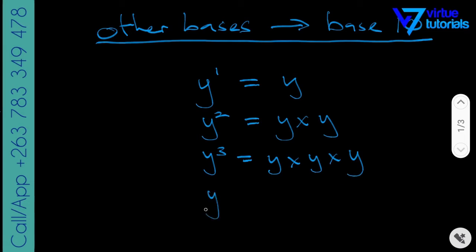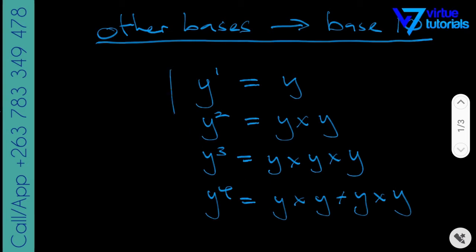Y to the power 4 is y times y times y times y. So for y to the power 1, there's 1 y. Y to the power 2, there's 2 y's multiplying each other. Y to the power 3, there's 3 y's multiplying each other. And y to the power 4, there's 4 y's multiplying each other.